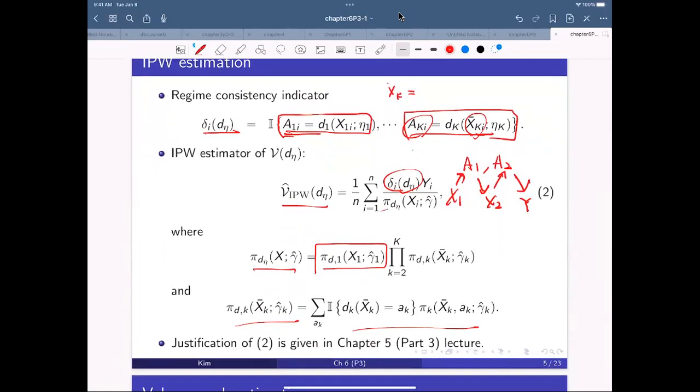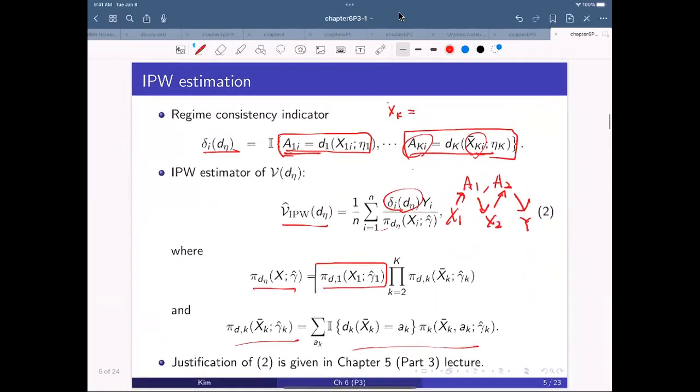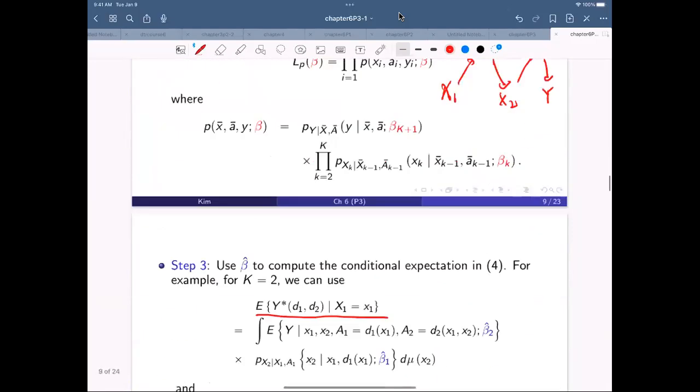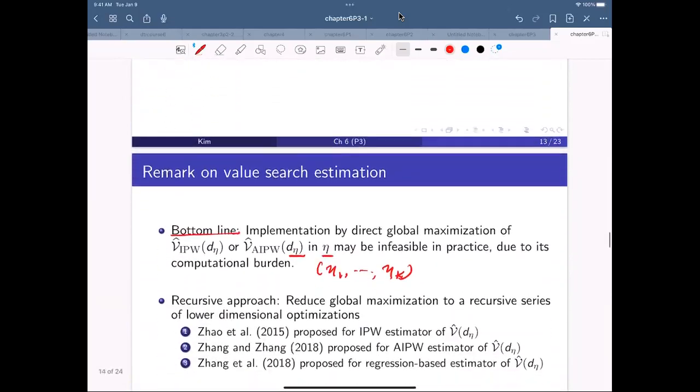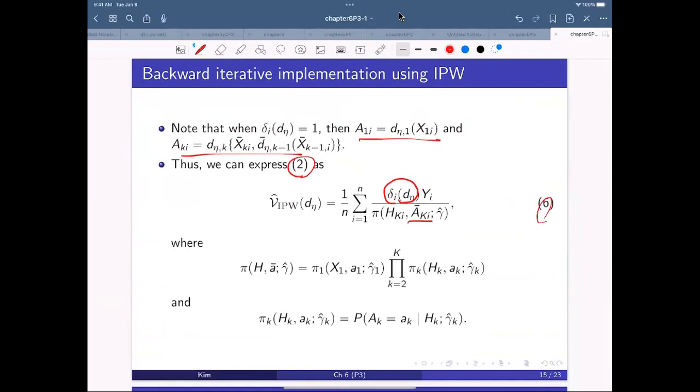The consistency probability can be written in terms of the history and A. In equation 2, it was written as a function of D, but in equation 6 it's written as a function of A. That is the main difference.